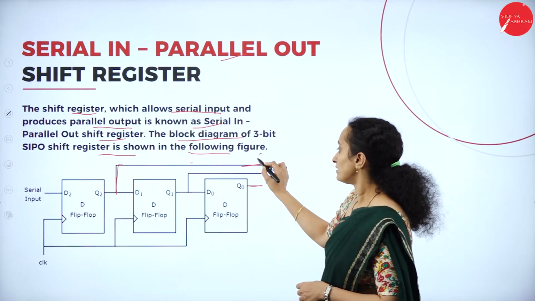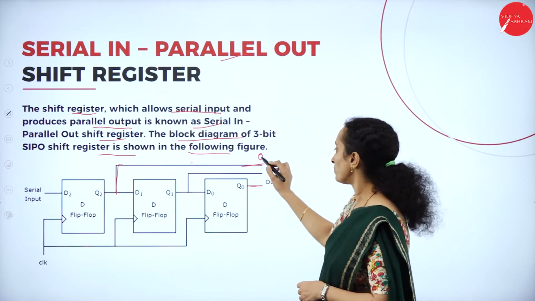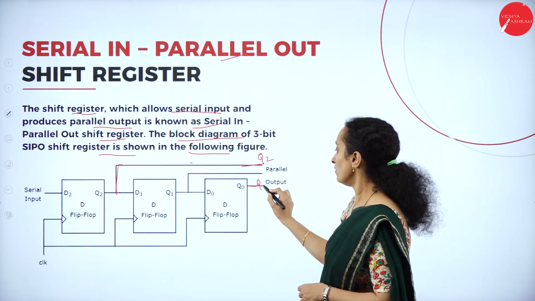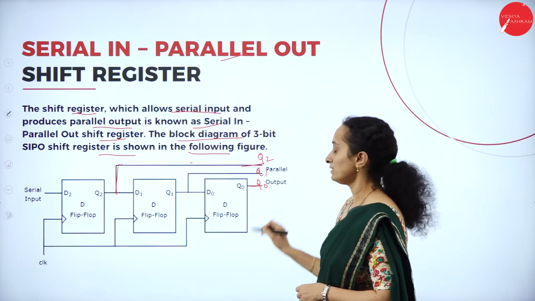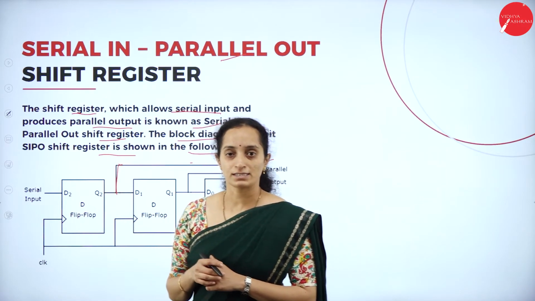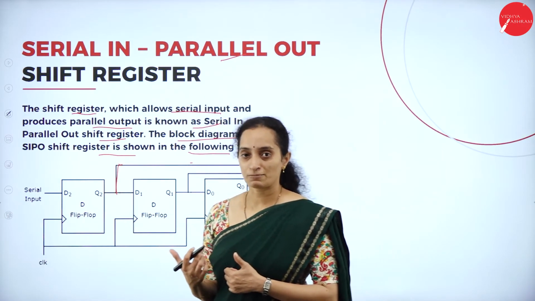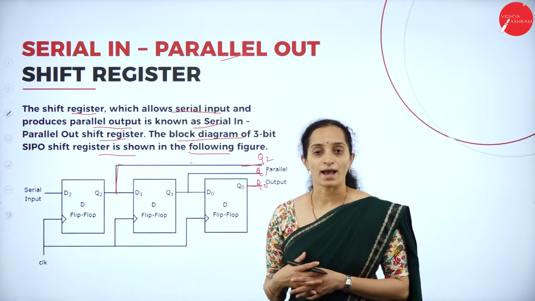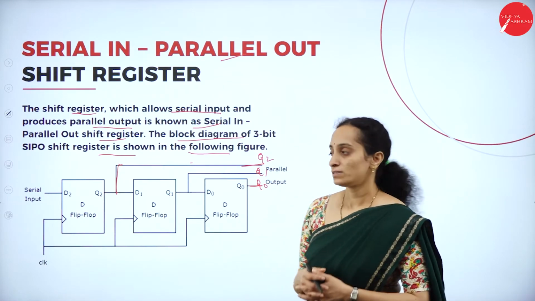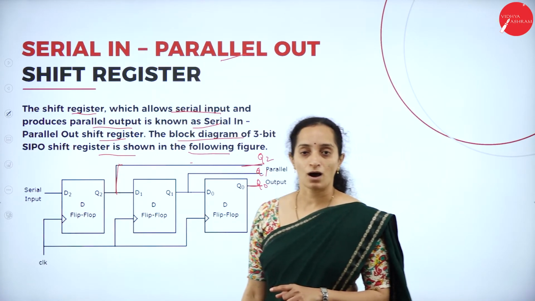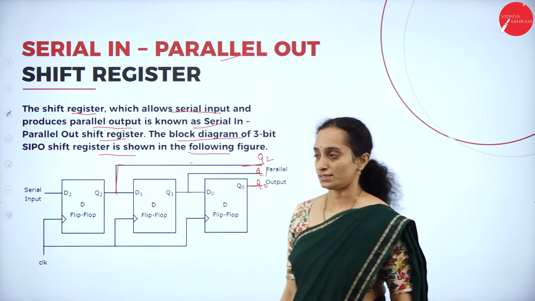Now we have 3 parallel outputs, that is Q0, Q1 and Q2. So it produces 3 different parallel output bits. This is called the serial in, parallel out shift register.